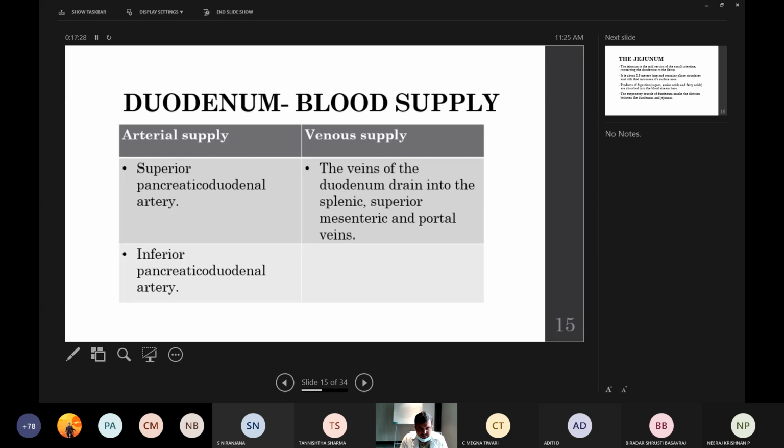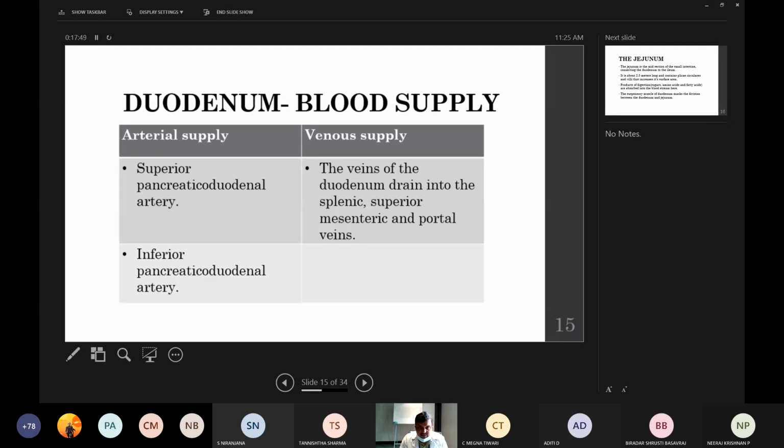These are the two branches, superior and inferior pancreaticoduodenal arteries, which anastomose and form a plexus on the anterolateral and posterior superior part of the duodenum. So remember the superior and inferior pancreaticoduodenal arteries. Apart from this, there is the supraduodenal artery of Wilkie.